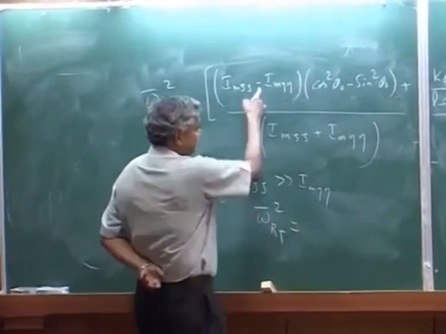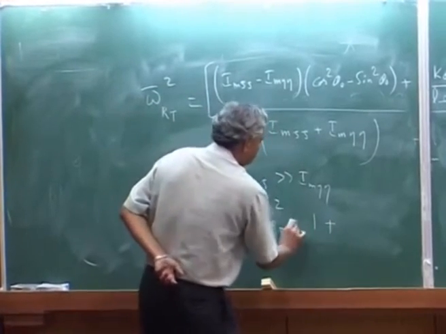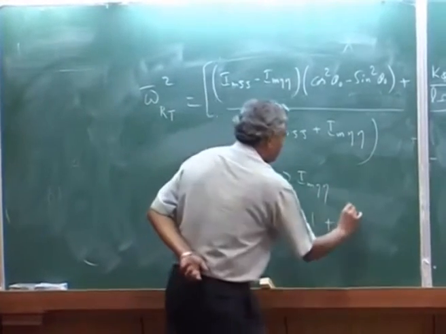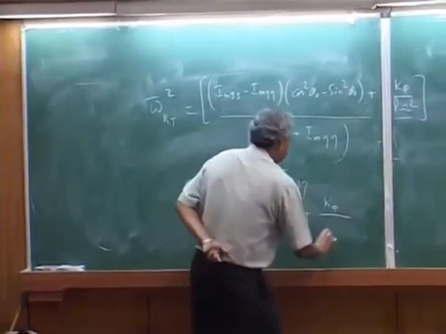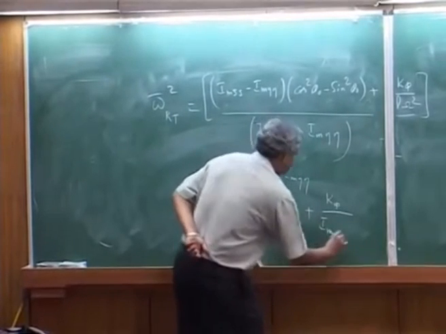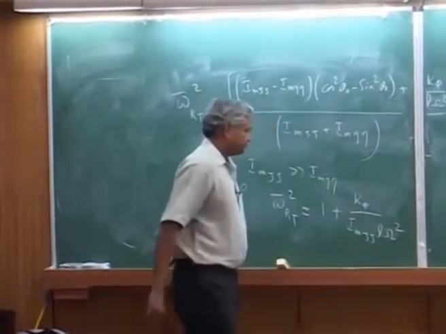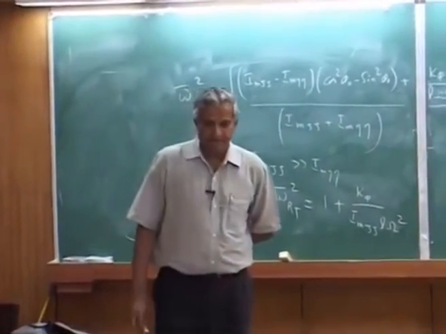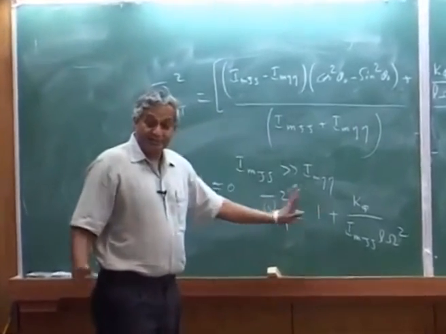This is this and this, 1 plus, I will put an approximation, k phi over I_m L omega. This is my very simple form.